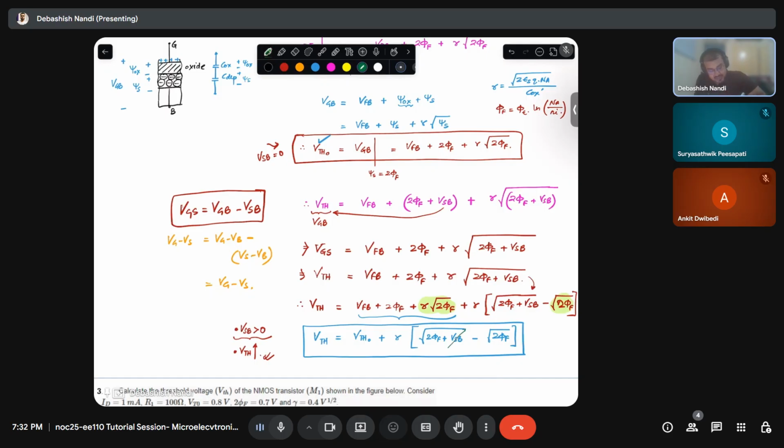I can simply set this equal to 0. If I put VSB equal to 0, that means my VTH becomes VTH0. So no body effect. Source and body, if connected together, there will be no body effect.